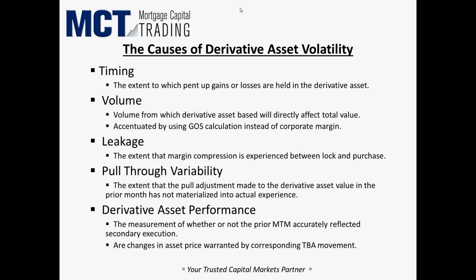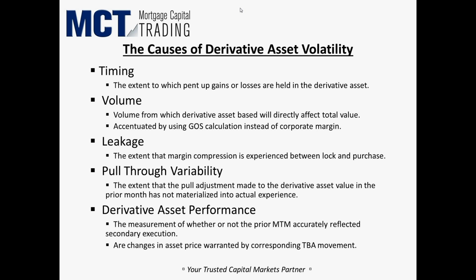So if we're forecasting, let's say, 75%, and we've got a gross pipeline value of $4 million, and we're forecasting 75% of the value to pull through, we're expecting to get $3 million in value out of that open pipeline. Now, notice I said 75% of the value.